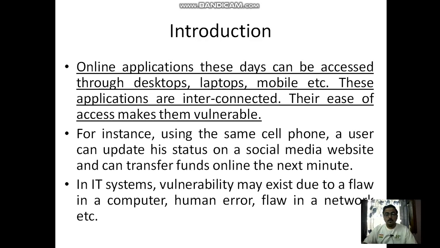In an IT system, vulnerability may exist due to a flaw in a computer, human error, a flaw in a network, etc. So we have to be very careful about what we do before sharing our personal data.